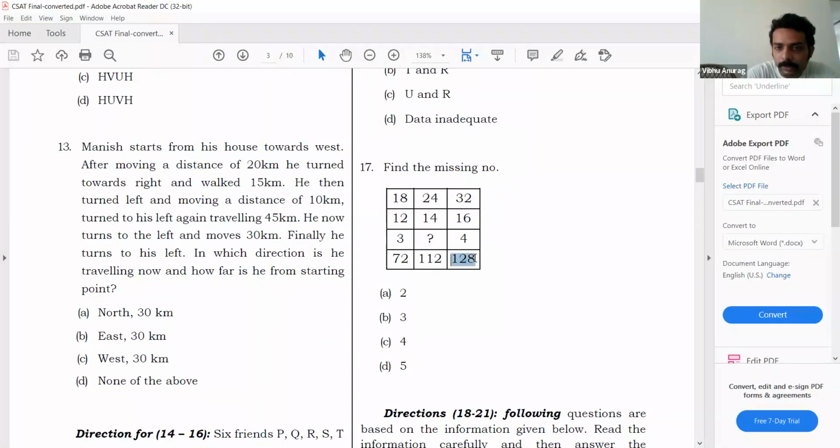32 into 4 is 128 and 16 by 4 is 4. So 32 into 16 by 4 will give me 128. Similarly, what I'll do is I'll apply the same logic. So 24 into 14 by the question mark, let's call it X. 24 into 14 by X is equal to 112. See the relationship that I put there in the chat box? That is the relationship. You can solve it to get the answer. So what do you get?